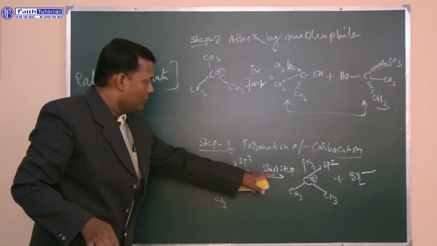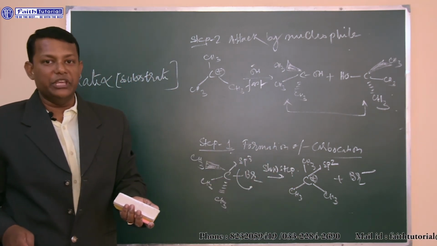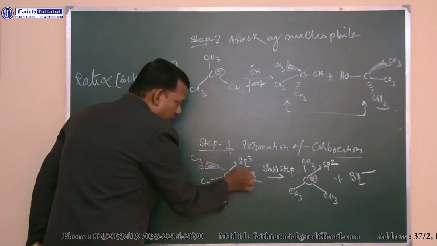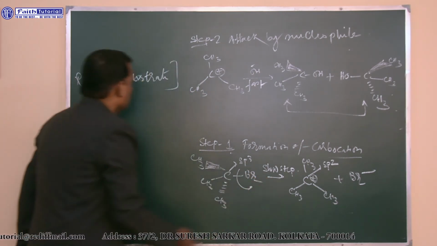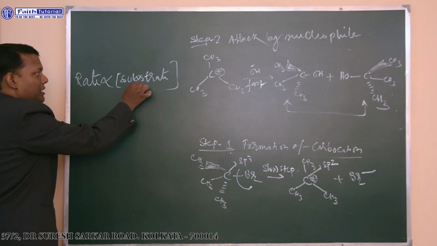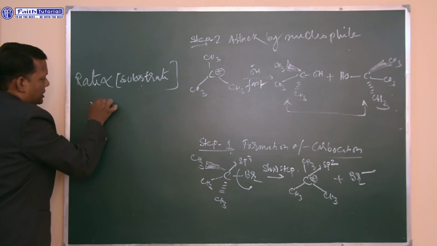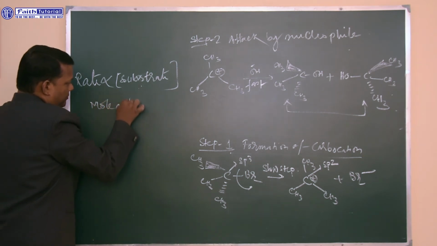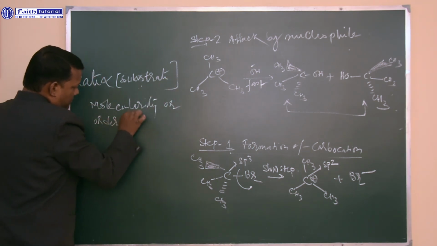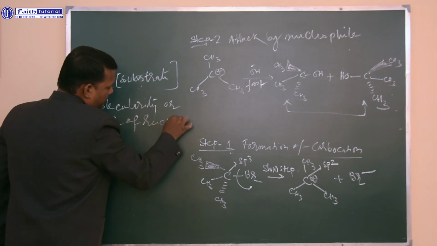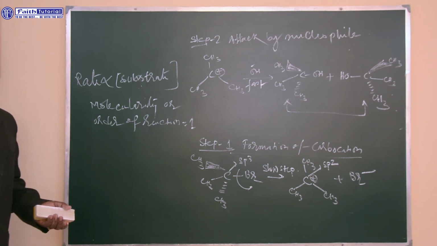So we consider formation of carbocation as our rate determining step. In the rate determining step, only the substrate is involved. There is no role of nucleophile here. So the rate of the reaction depends only on the concentration of substrate. That is why the order or molecularity of the reaction is equal to 1. That is why this is called the SN1 reaction.